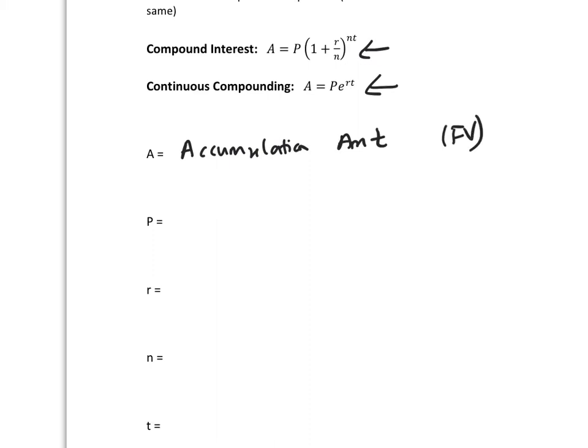Your P is your present value. It's what you invest in. That's the amount of money you put in the bank. R is the interest rate in decimal form.